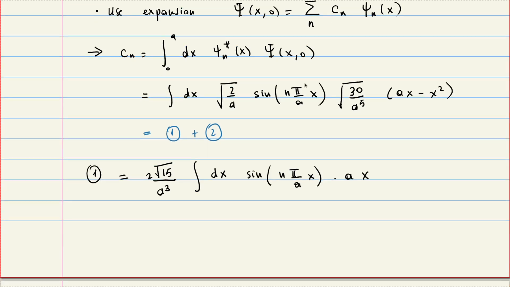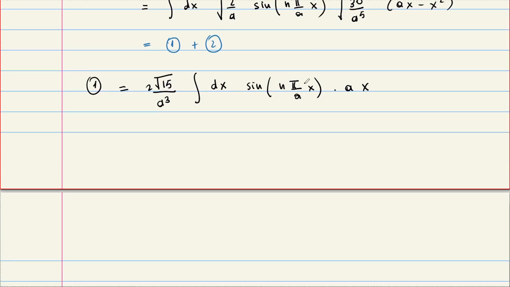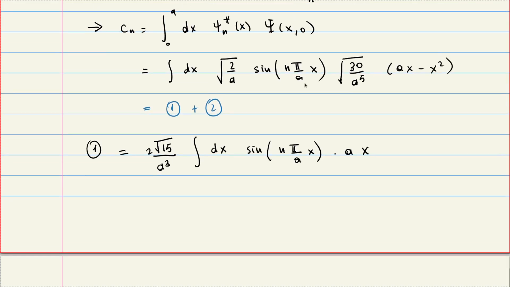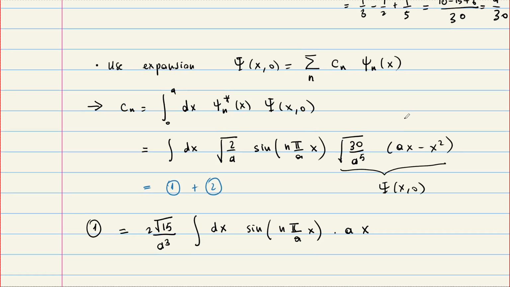X squared. It should also be the square of the parameters. So this whole thing was the full given function. This is psi of x comma 0. And it was given to be, I think, x times a minus x.